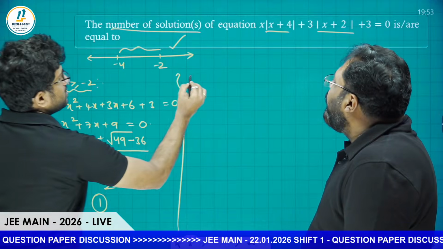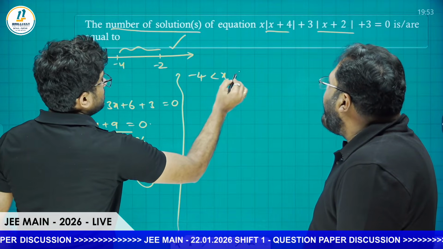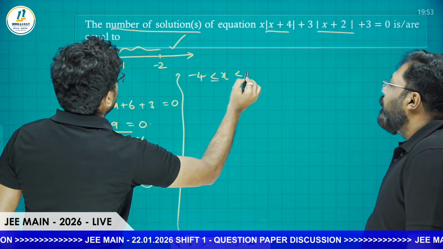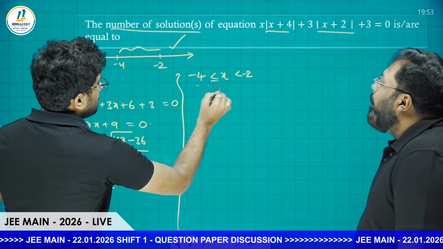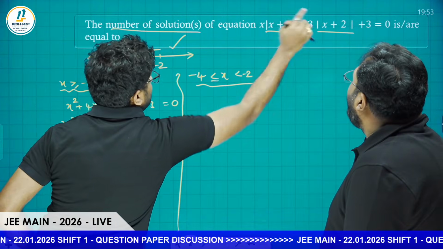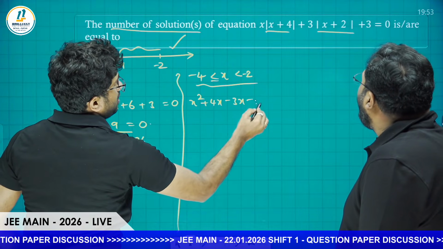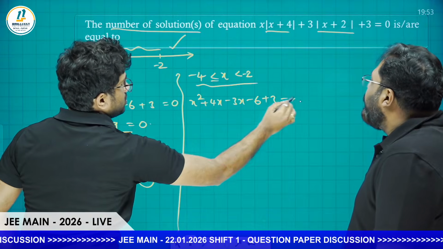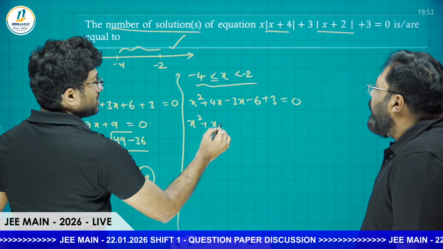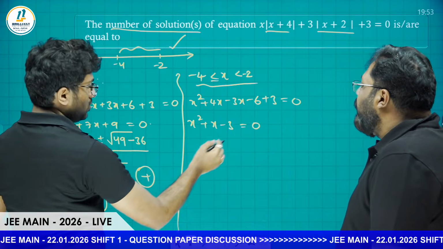Second case is minus 4 less than x less than minus 2. In this region, this is positive but this is negative. So x square plus 4x minus 3x minus 6 plus 3 equals 0. x square plus x minus 3 equals 0.